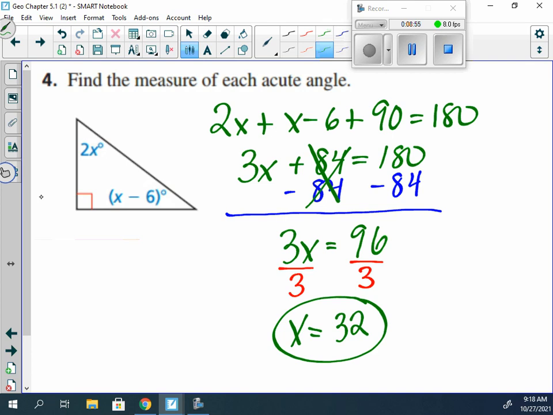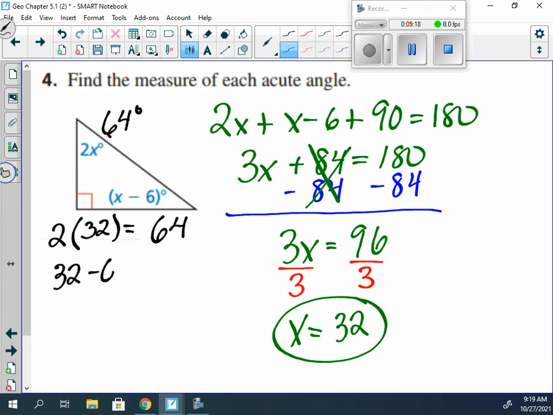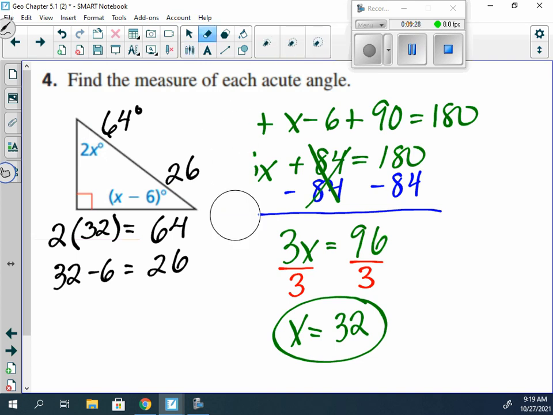Find the measure of each. We have to plug it back in. Since one of the angles is 2x, well, it's going to be 2 times 32. 2 times 32 is? So this angle up here is 64 degrees. The other one is 32 minus 6, which is 26.